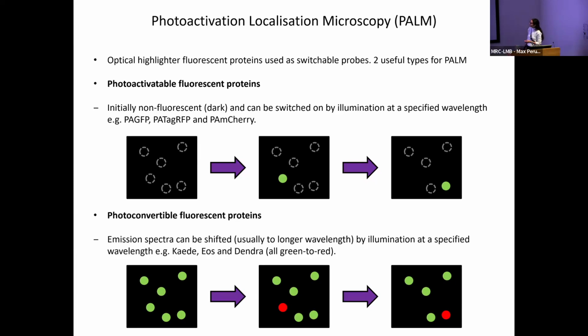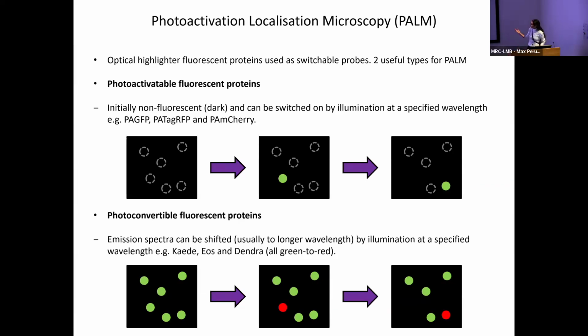So you have the photoactivatable fluorescent proteins, where they are all off to begin with. And if you use a specific wavelength, you can little by little activate them. So you do it sequentially. You typically acquire over 1,000, if not 10,000 images to sequentially see the fluorophores that compose your image. And by doing this, you can then reconstitute how your image looks.